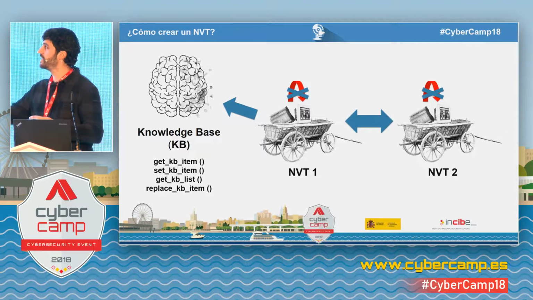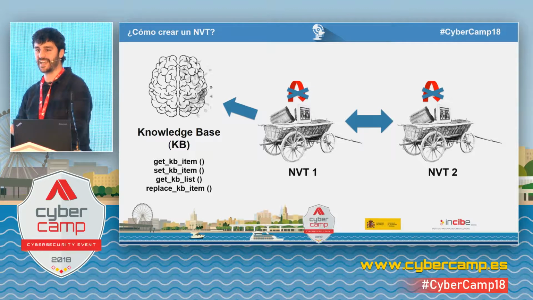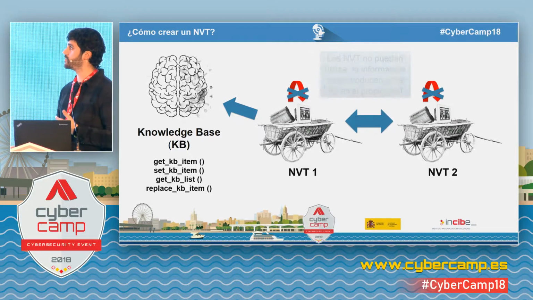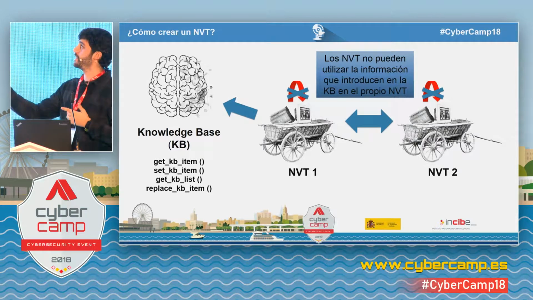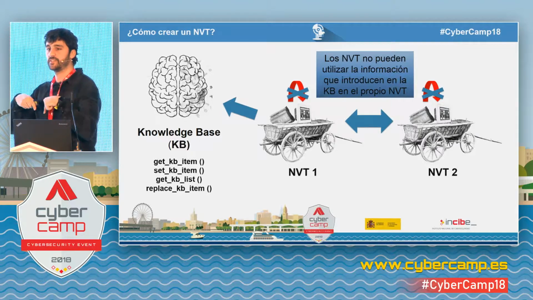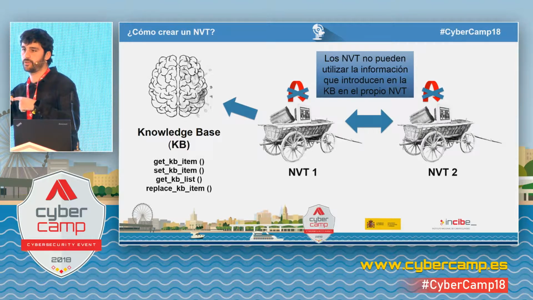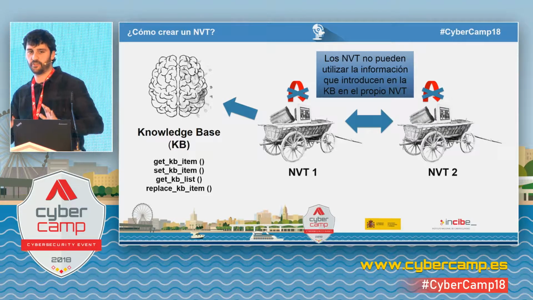And that information, as said, cannot be used in NVT1, but instead I have to create an NVT number 2 to use that information. So that is to say, the NVTs cannot use the information that they are fed with.